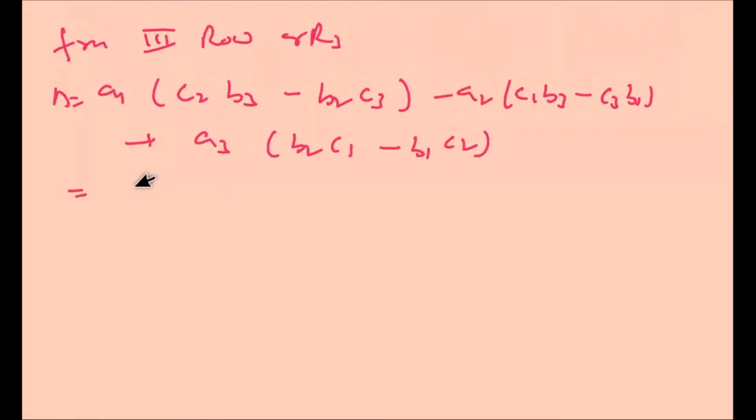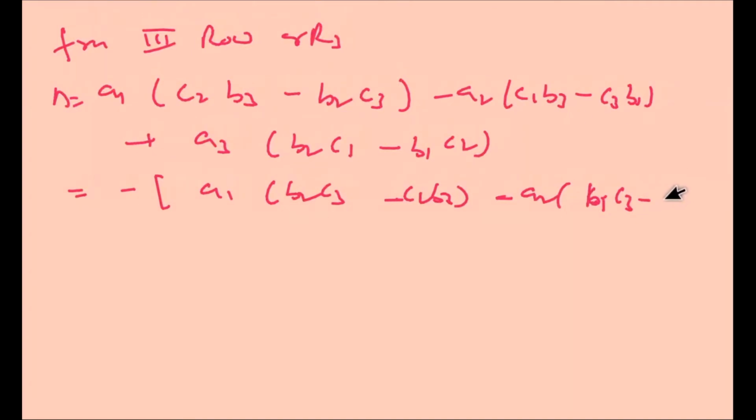By taking minus common we get minus a1 (b2 c3 minus c2 b3) and minus a2 (b1 c3 minus b3 c1), interchanging the product, plus a3 (b1 c2 minus b2 c1).